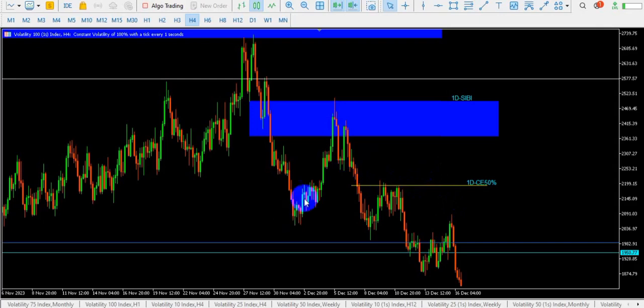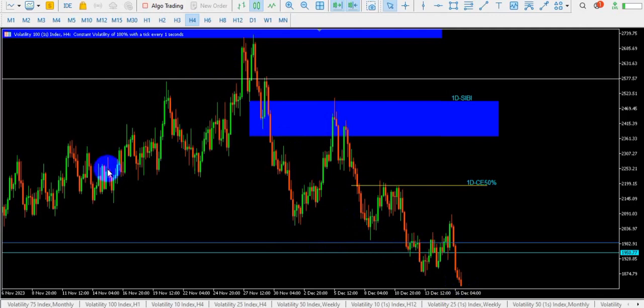Which is doing a kind of offset accumulation to distribution. Offset accumulation and distribution is what has happened here. So we have this buying, offset distribution, offset accumulation, and selling downward into this drawn liquidity, which is the weekly inversion fair value gap, the IFVG, selling down.